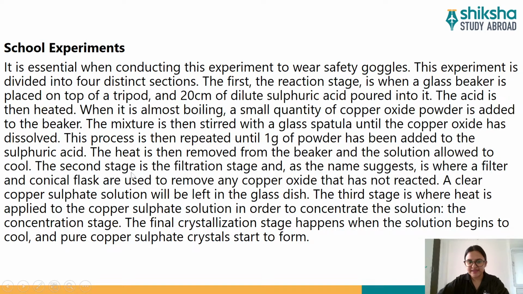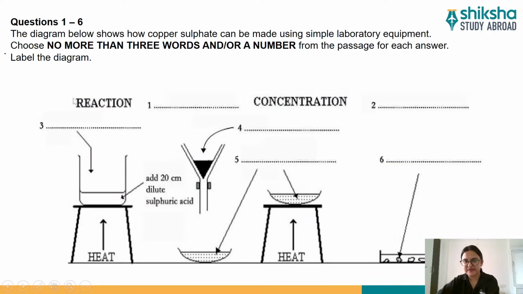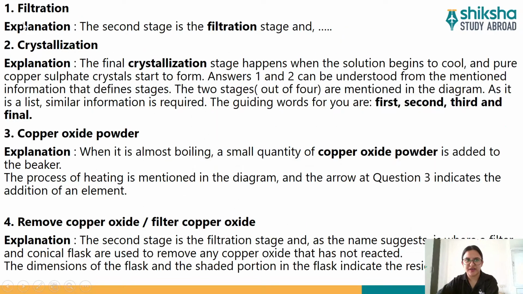Here, the second stage is the filtration stage, and as the name suggests, it is where a filter and conical flask are used to remove any copper oxide. So this is the second stage, and it has been mentioned very directly. Hence, after reaction, the second stage will be filtration. So the first blank will be filtration.